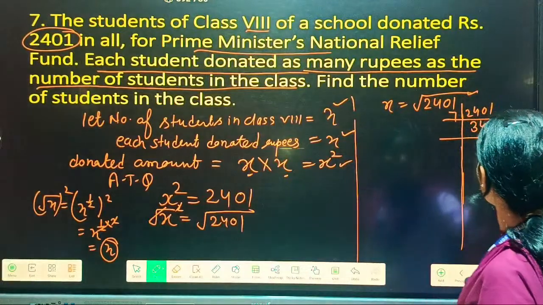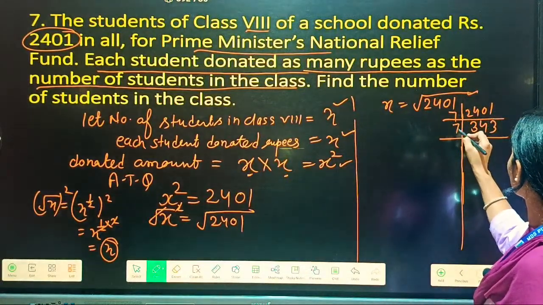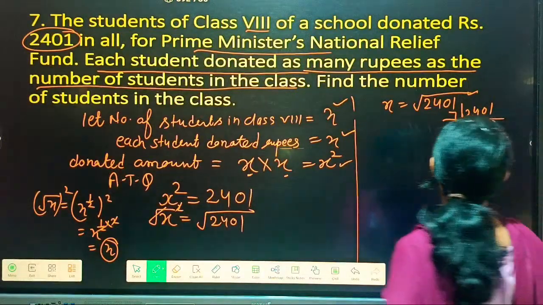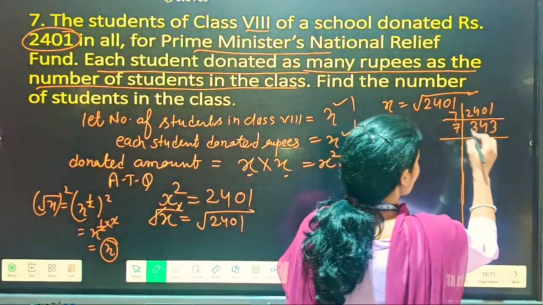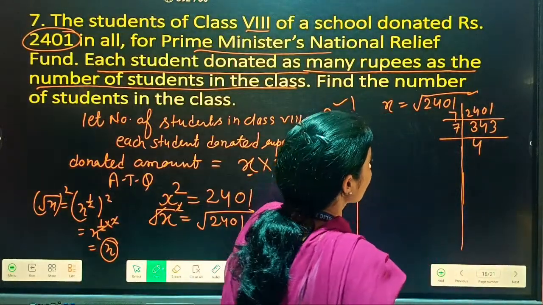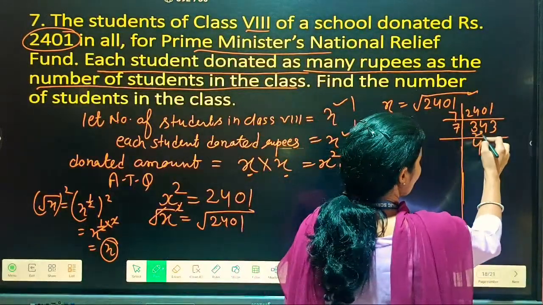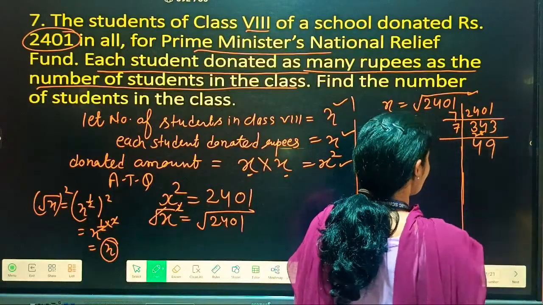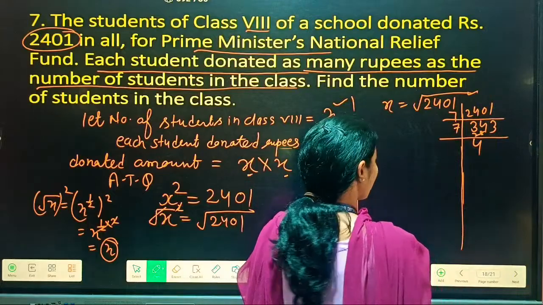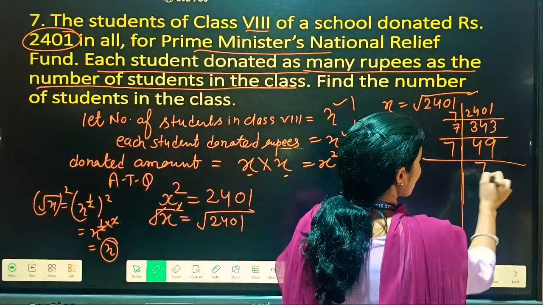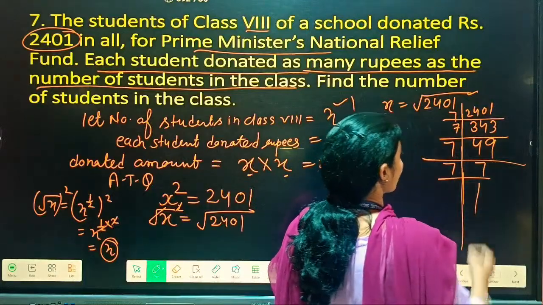Divide: 7 4s are 28, 7 9s are 63, remainder 6, then 7 7s are 49, 7 7s are 49, 7 1s are 7.